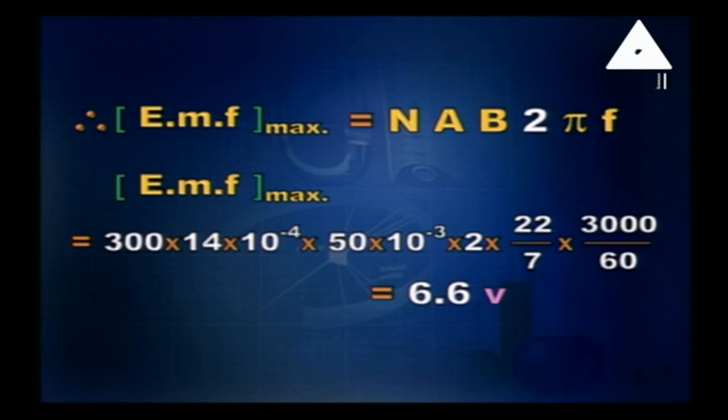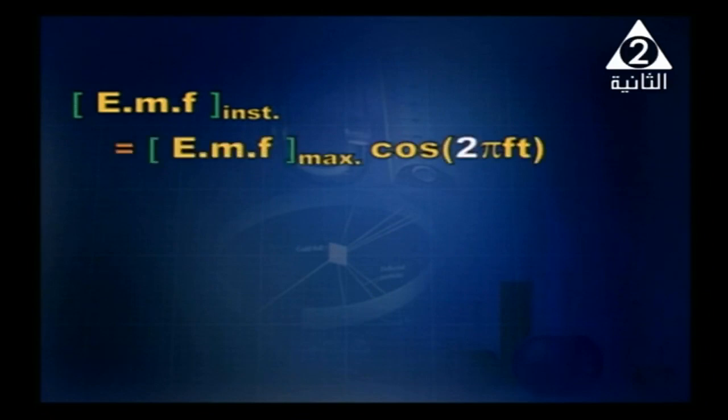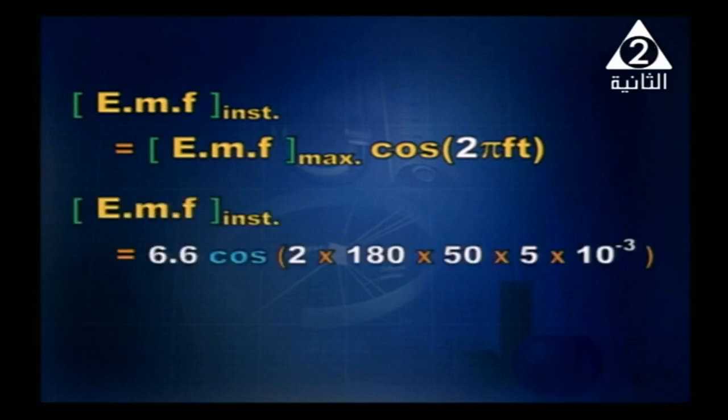It is 6.6 volt. And what about the instantaneous EMF after passing the horizontal, after 5 milliseconds? Passing the horizontal, we have to use cosine. So it is equal to 6.6 cosine 2 pi f t, 2 times 180, frequency 50, times 5 times 10 to the power of -3.